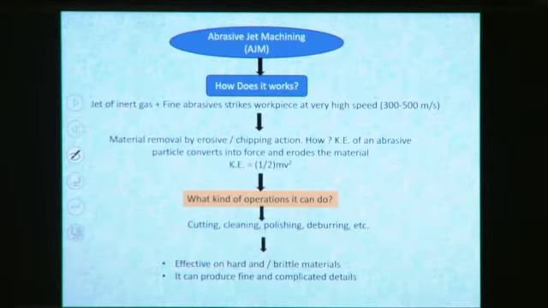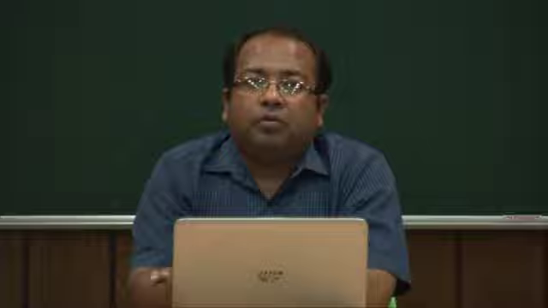Now what is the working principle of the abrasive jet machining process? In abrasive jet machining, high velocity abrasives in a medium of air impinge on the workpiece surface. When they impact the workpiece surface, they make a brittle fracture, or generate a small crater.